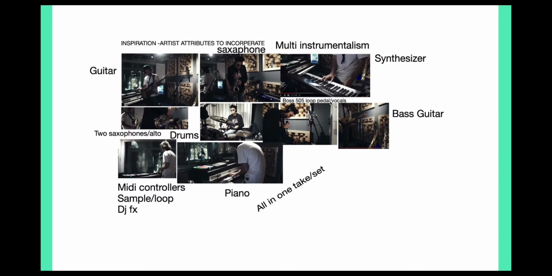We've got the Boss 505 loop pedal, which is used for vocals and as a tabletop beatboxing looper. It's similar to the other series of the Boss loop pedals, except it isn't a foot pedal and isn't just for instrumental use, for like acoustic pickups like guitars and etc.